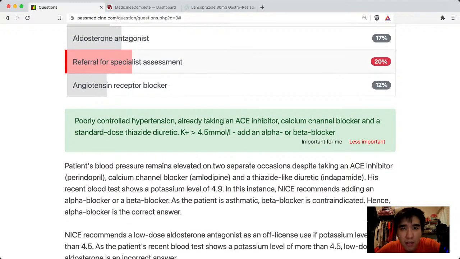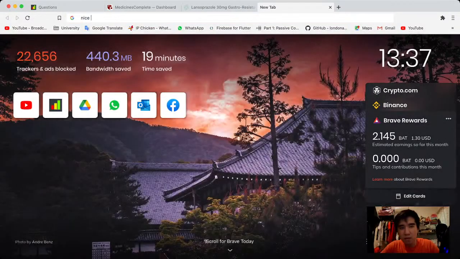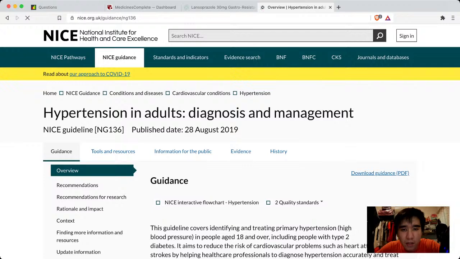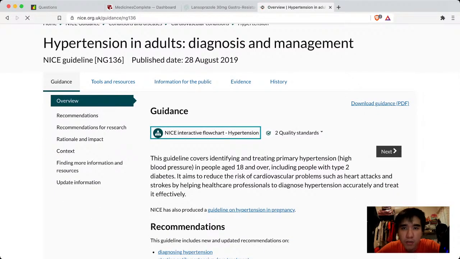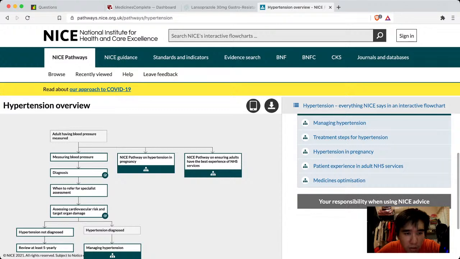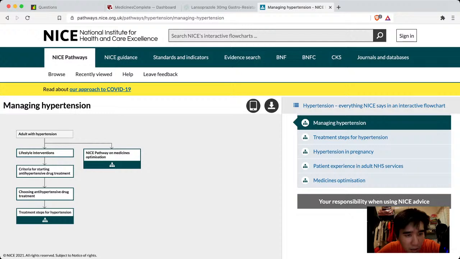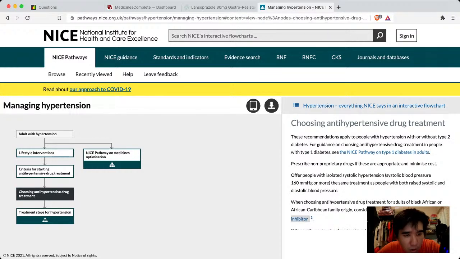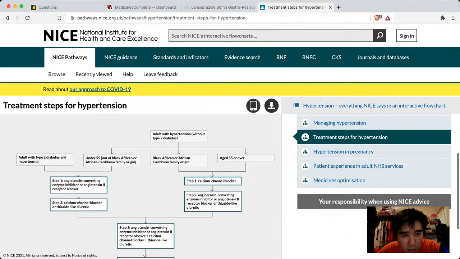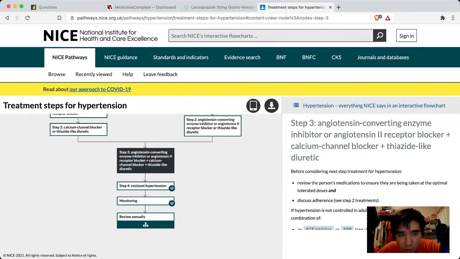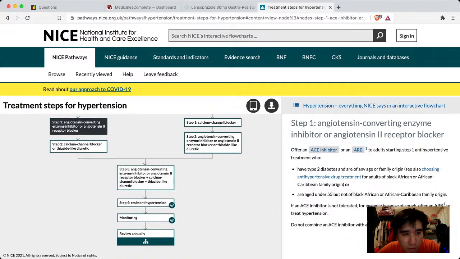So let's have a look at the NICE guidelines for hypertension, diagnosis and management. What we're looking for is managing hypertension, choosing antihypertensive drug treatment, treatment steps for hypertension, step 1, step 2, step 3. Let's see step 1 and step 2 first.